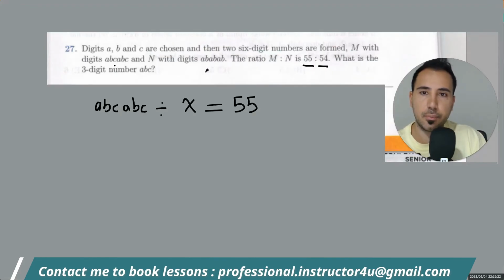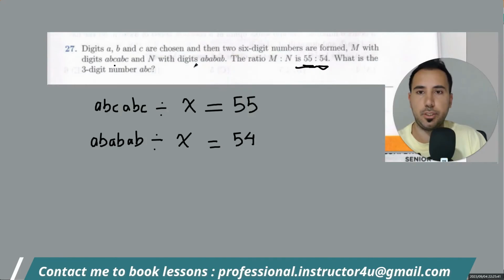The second number, ABABAB, when we divide it by, again, the same number X, will be 54, okay? How do we know this? Because they have been simplified like this. These are huge numbers. Both of them have been simplified into this.